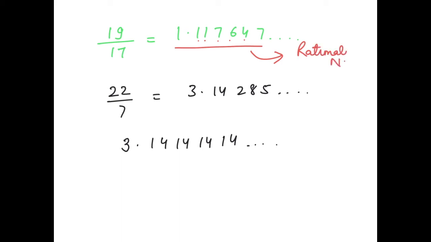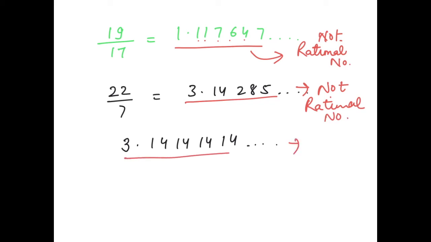So you need to check that it should be a terminating decimal or a decimal having a definite pattern. In this example also, this does not have a pattern. So this one is not a rational number. This one also is not a rational number. Same here. If you see this number, there is a pattern you can see. So this type of number is a rational number.